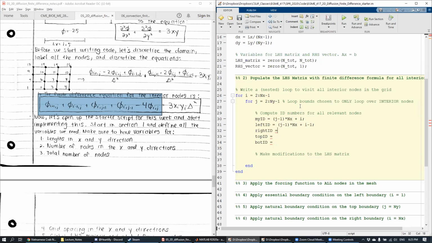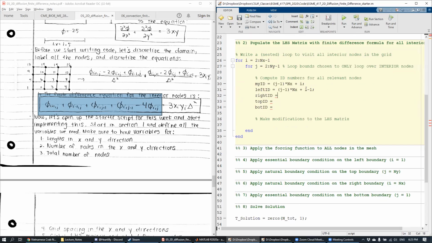Remember, our left neighbor has the same ID number as that one, except the I is just minus 1. Same for the right neighbor: we're going to have the same equation as my ID, but instead of just I, we're going to plug in I plus 1. Let me put parentheses here to make it a little more clear. These parentheses are optional, but I'm doing it just to highlight how I got these equations.